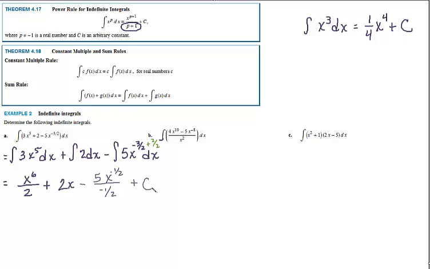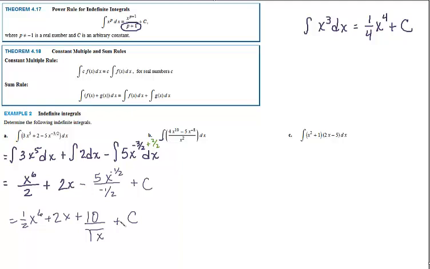I'm going to say a plus c because it could have any constant there, and I'm going to simplify that into 1/2 plus x to the 6 plus 2x, and that'll just be a plus, let's see, 5, and then flip the 1/2, so that would be a 10, and then I would have the square root of x in that denominator plus c.